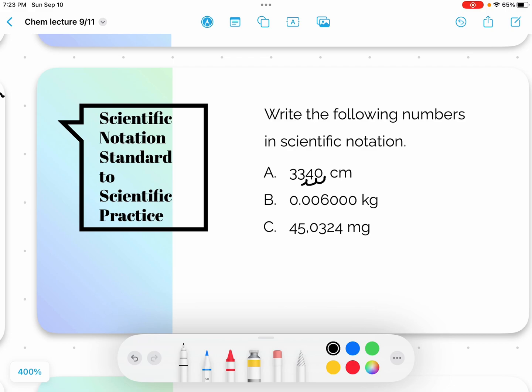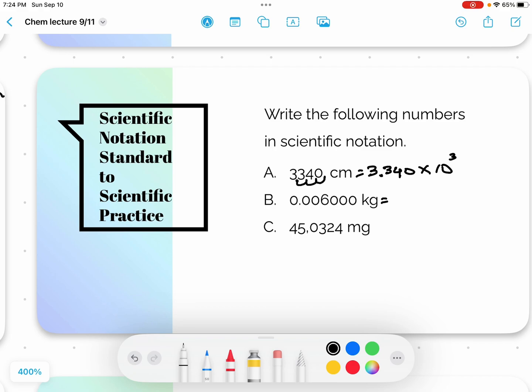Not yet, not yet, there we go. That's my new decimal spot. So I have 3.340 times 10 to the 1, 2, 3. Since I'm moving to the left 3 spaces, it's going to be a positive 3.